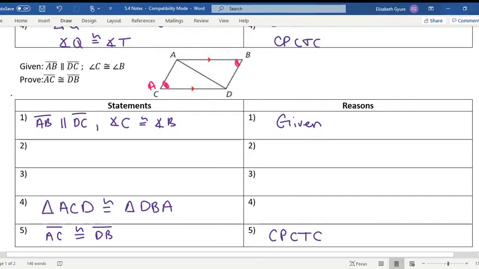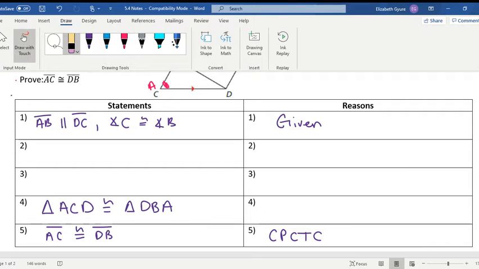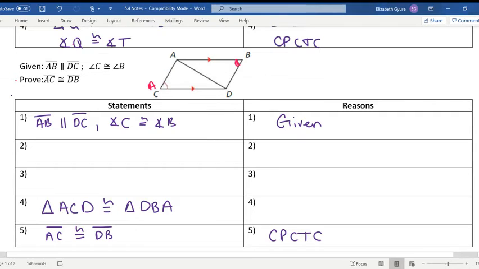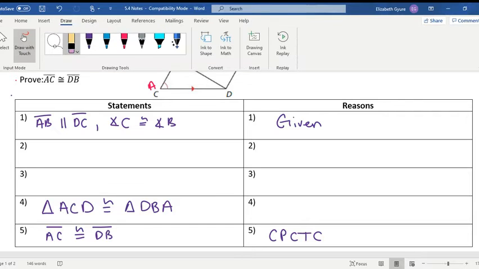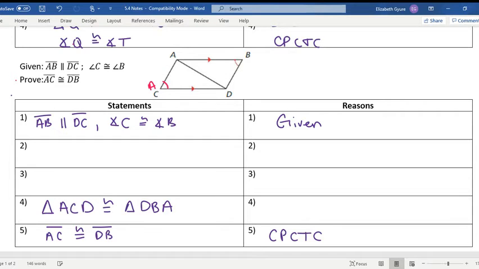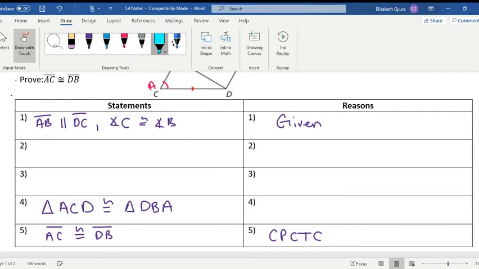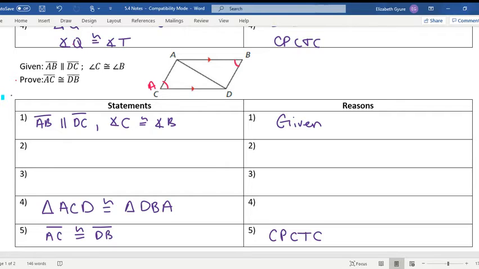We just talked about it a few times in our homework that we went over. Good, yes. We are going to have alternate interior angles. We're going to look for our Z shape. So here, if it's the top and bottom, we just connect our transversal and do our Z shape here. Then look in your corners.